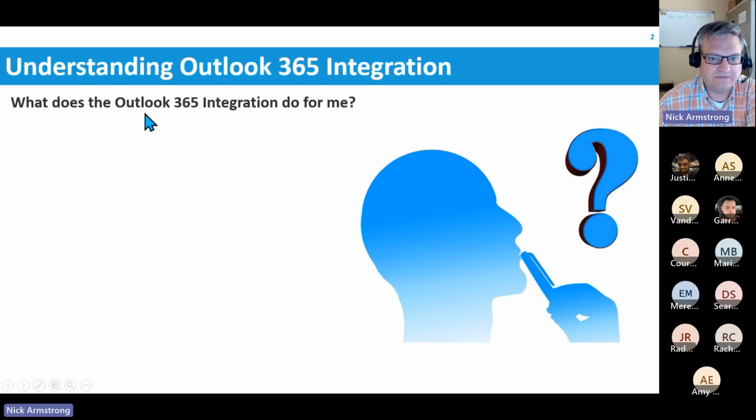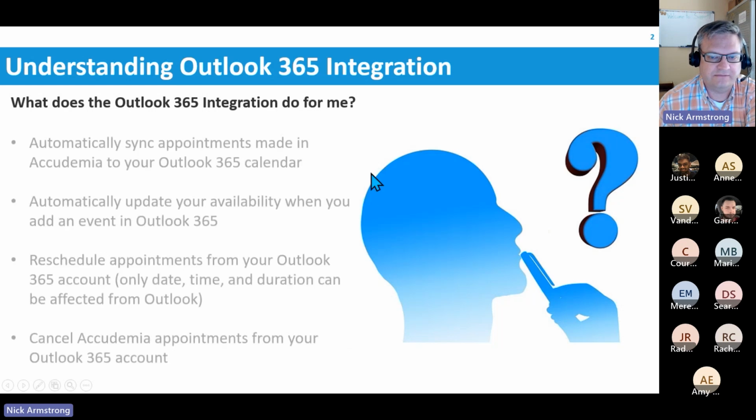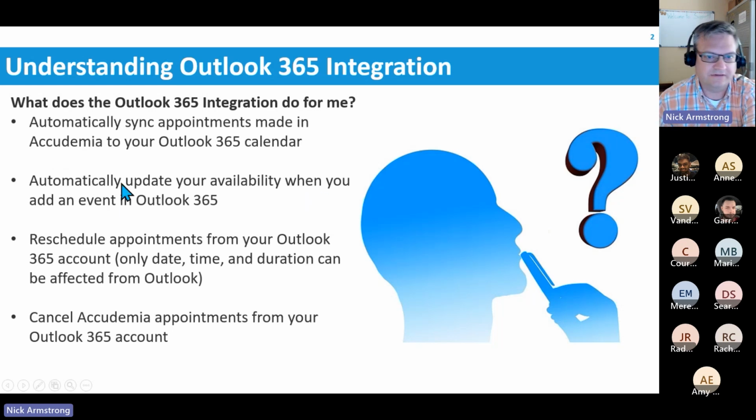And another one is, what does it do for me? Why would I want to use this? So there's basically four key things that it's going to do. One is going to automatically sync any appointments made in Accudemia to your Outlook 365 calendar. So those will automatically get placed on your calendar.